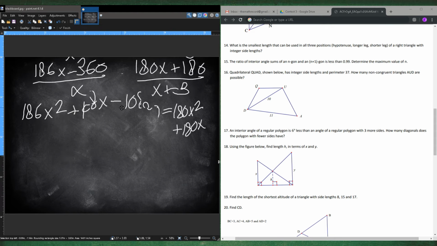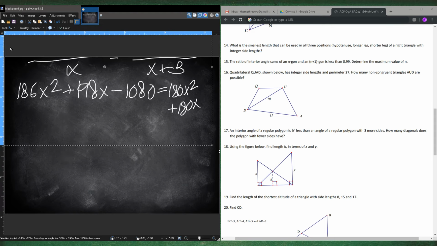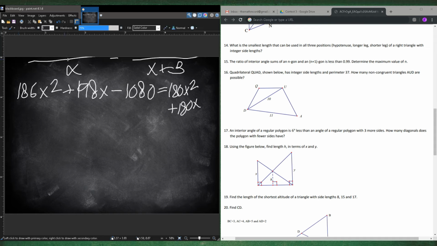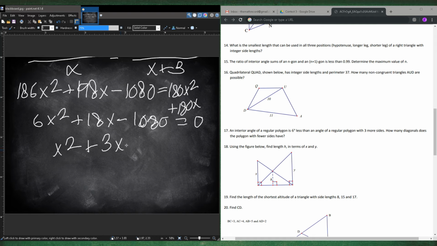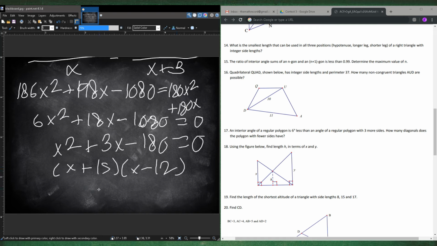Move this up. Now, subtracting them, you get 6x squared plus 18x minus 1080 is equal to 0. Divide by 6: x squared plus 3x minus 180 is equal to 0. So x plus 15 and x minus 12. So x can't be negative because it has to be a side length, so x has to equal 12.